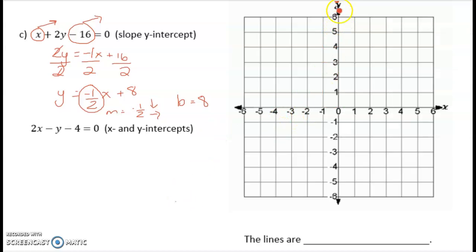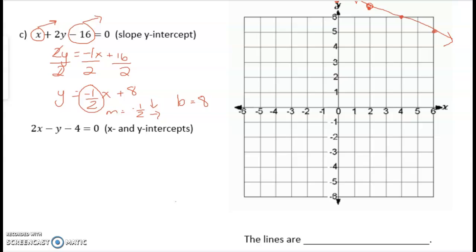Okay. And then we have to go down 1 over 2 positive, down 1 over 2 positive, down 1 over 2 positive, okay? That one's not the greatest, okay?